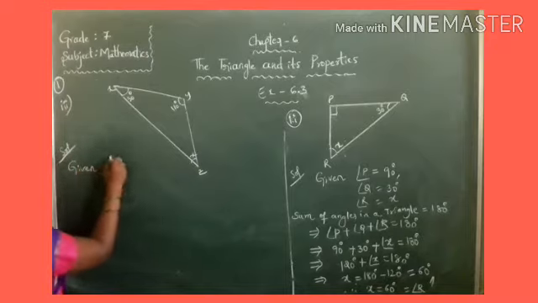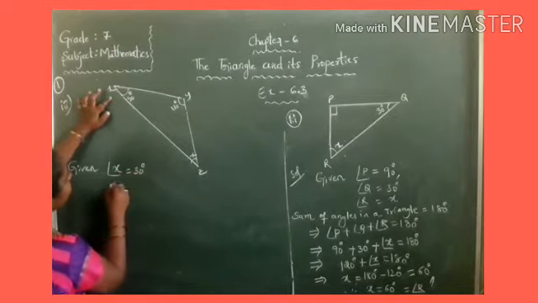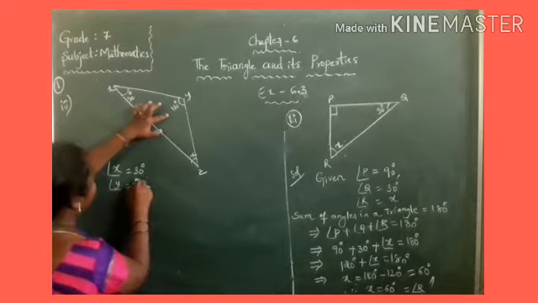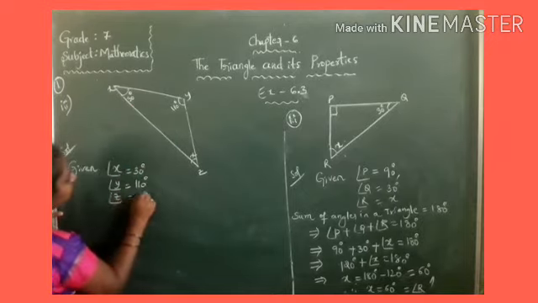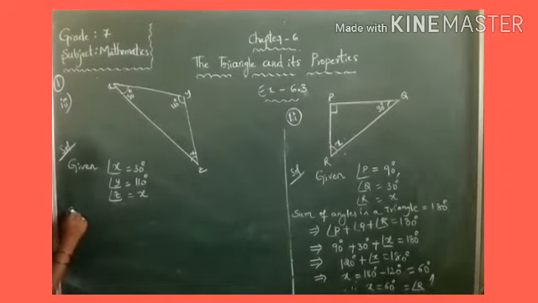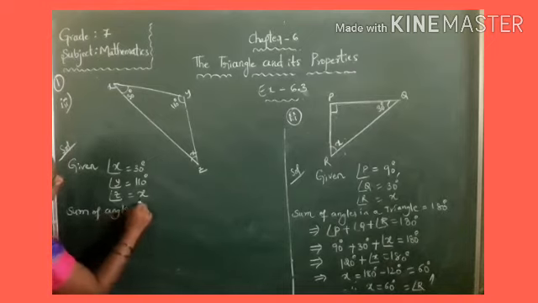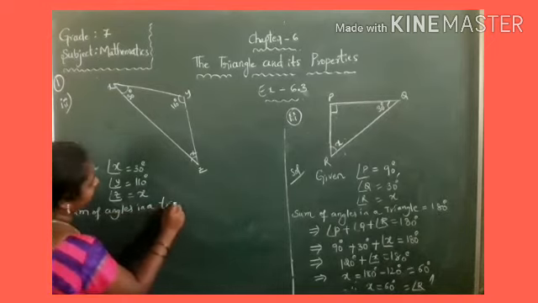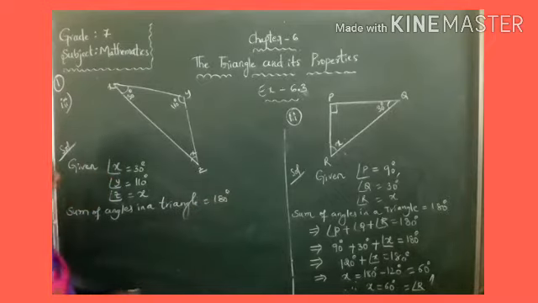Given angle X is equal to 30 degrees. Angle Y is equal to 110 degrees. Angle Z is equal to X degrees. Right. By angle sum property, sum of angles of a triangle is equal to 180 degrees.